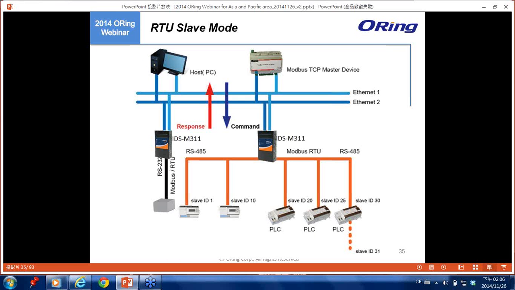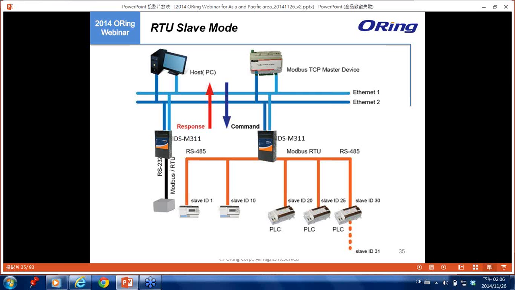Okay, here is a picture that pretty much explains the difference between the different operation modes. As you can see, we have RTU master, RTU slave, ASCII master and ASCII slave. The biggest difference between the slave mode and the master mode is which side sends out the Modbus query.